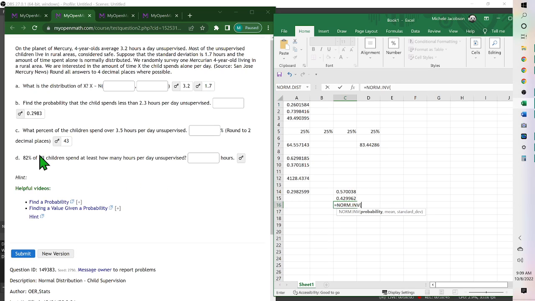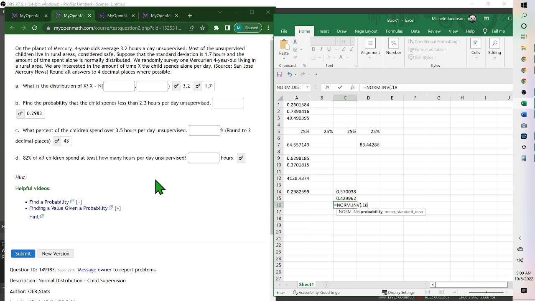So this one is 82% spent at least how many hours? So that would be how many hours at least? More. So 82% is above, which means that 18% is below. So you have to be careful of the wording.